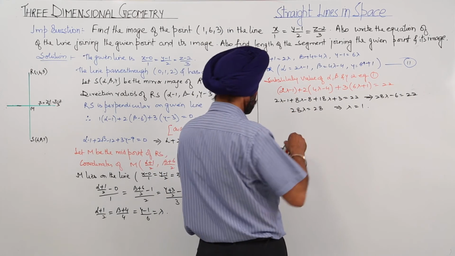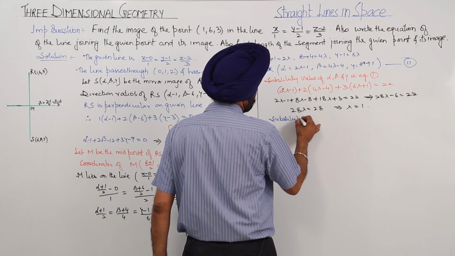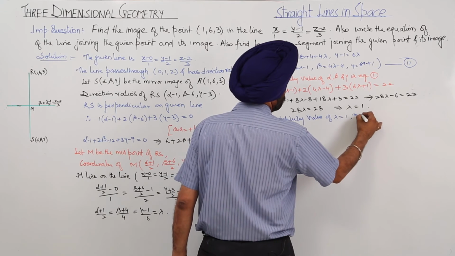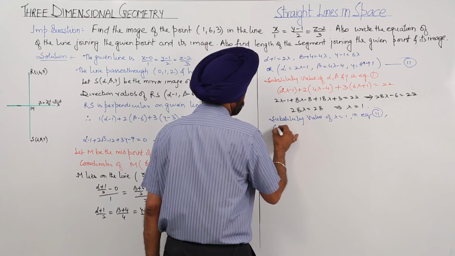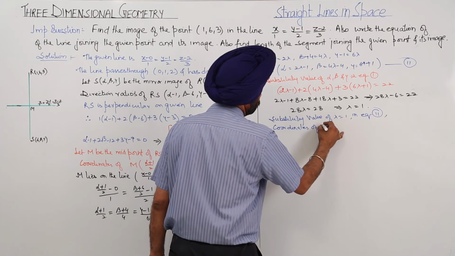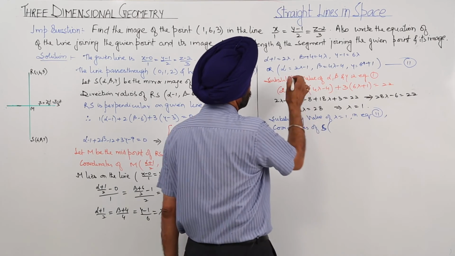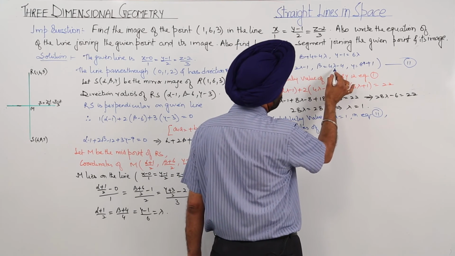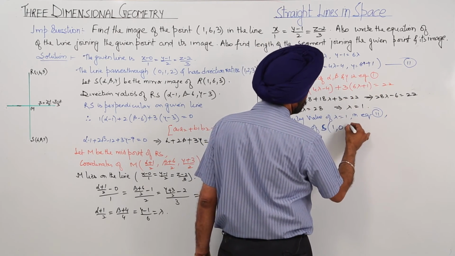Now we can put the value of lambda in equation 2 to get alpha, beta and gamma. Substituting the value of lambda equal to 1 in equation 2, the coordinates of S will become: alpha is 2 minus 1, that is 1, beta is 4 minus 4, that is 0, and gamma is 6 plus 1, that is 7.